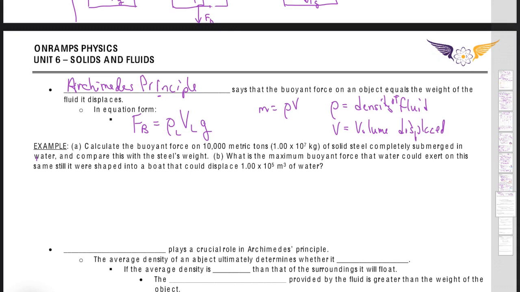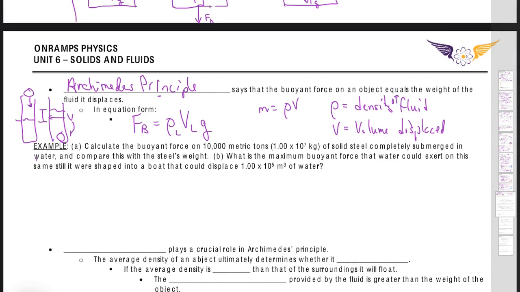So if I have a graduated cylinder and a rock or an odd shaped object, and I want to find out the volume of this object, I'm going to note where the water level is, and then I'm going to put the object in. It should sink to the bottom, and the change in level would be the volume of that object, because the volume displaced is equal to the volume of the object.